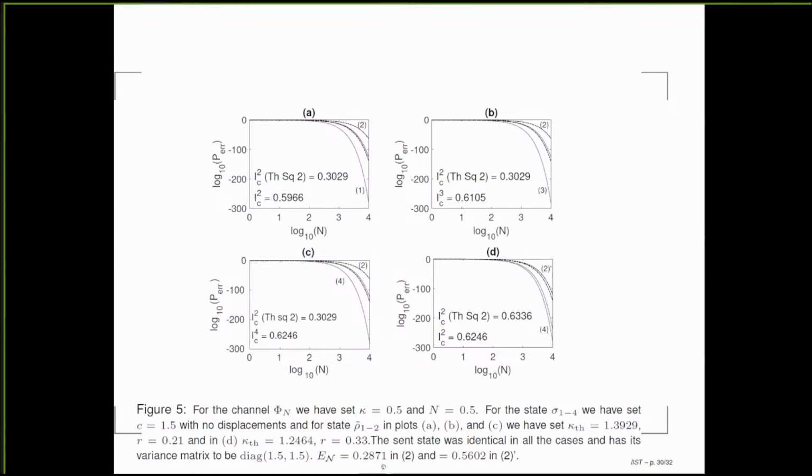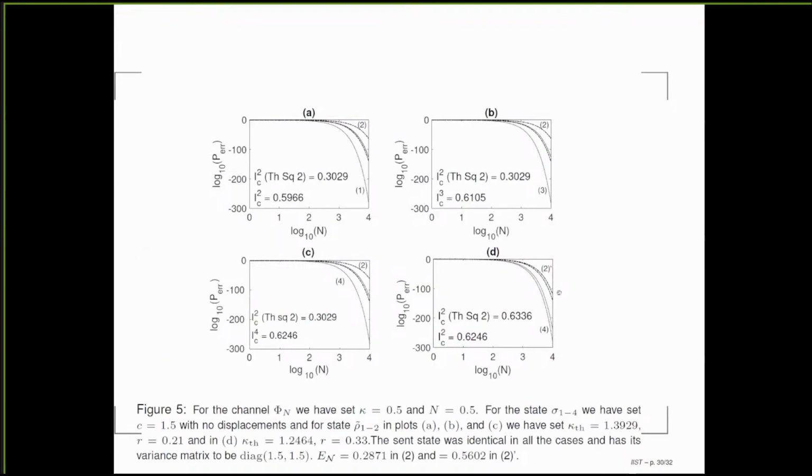In fact, with lower noise in the channel, your correlated state can even outperform a 2-mode entangled state with negativity as large as 0.28. And again, increasing entanglement between central and retained modes, if the correlations are comparable, the upper and lower bounds become comparable. So these are the examples.